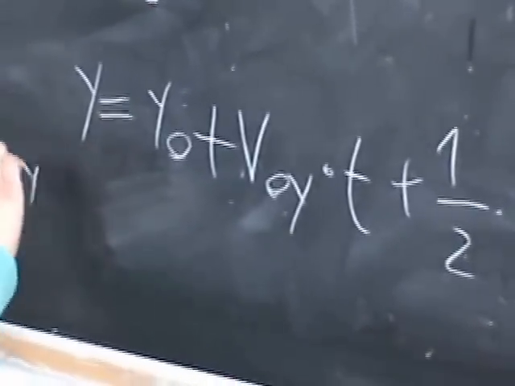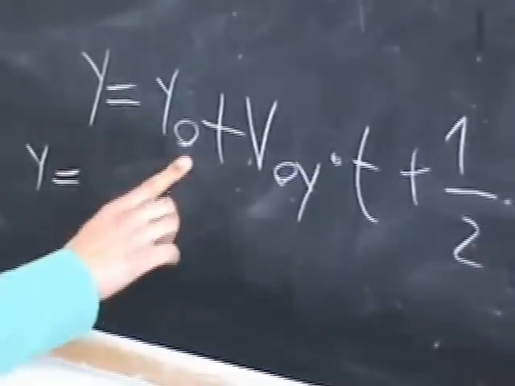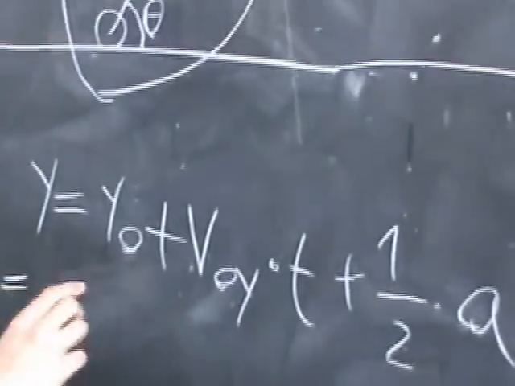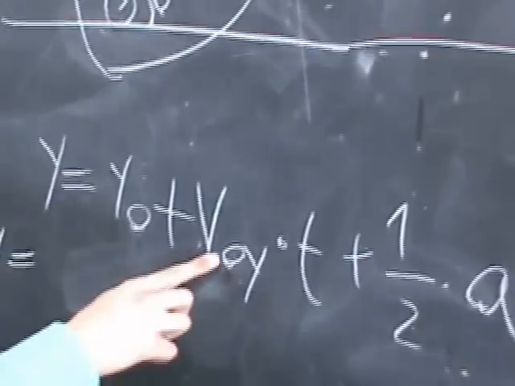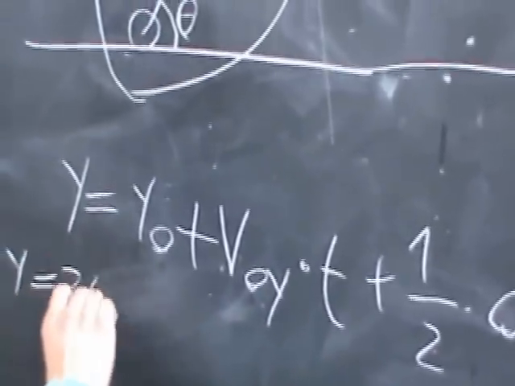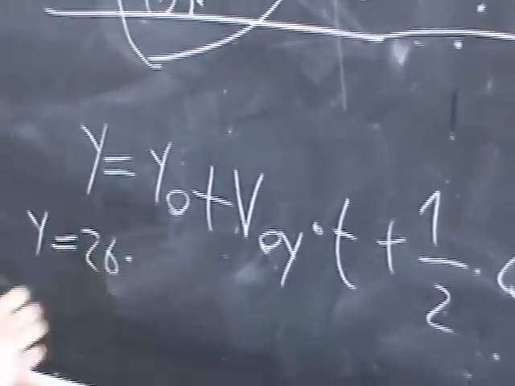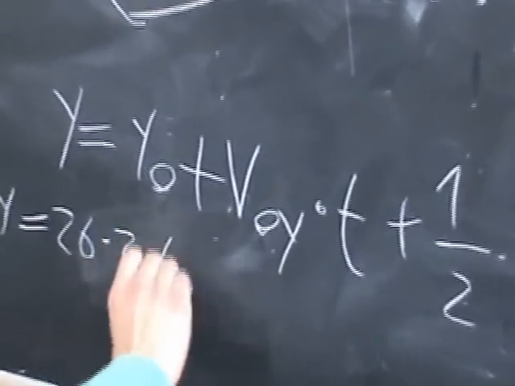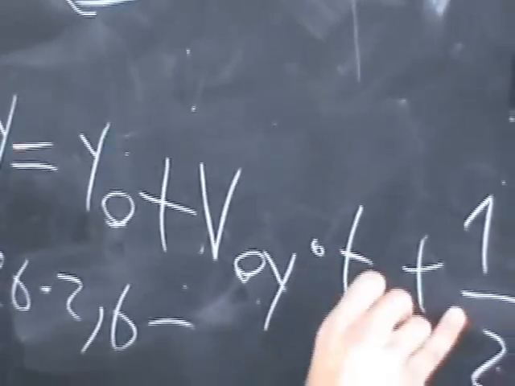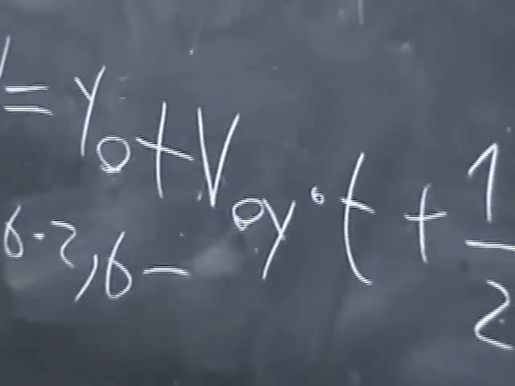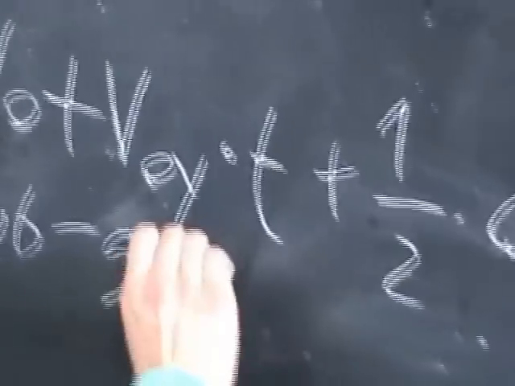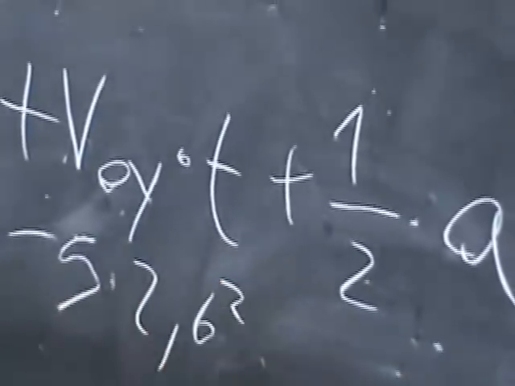So y equals y0, which in this situation is 0 meters, plus v sub 0 sub y that we found before, which is 26, times the time, 2.6, minus a half of 10, which is minus 5, times 2.6 squared.